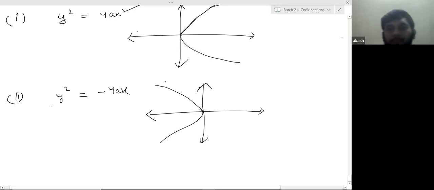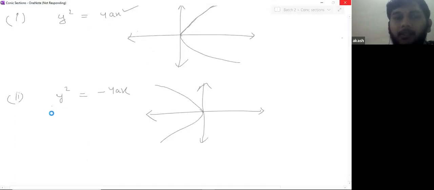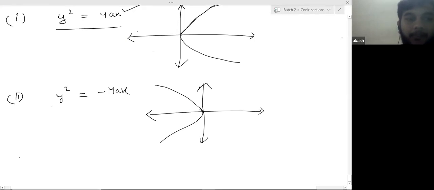All right. If you remember this only, that this kind of equation makes this kind of shape, this kind of equation makes this kind of shape. The third one is x square equals 4ay.